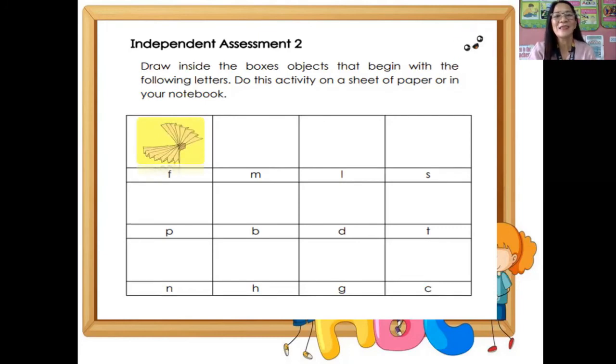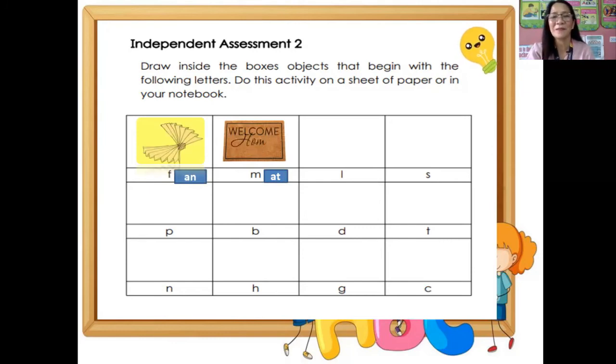Next is letter M. What object do you want to draw? You can draw a mat. Next, for letter L, you're going to draw again an object that begins with letter L. It's a lake.